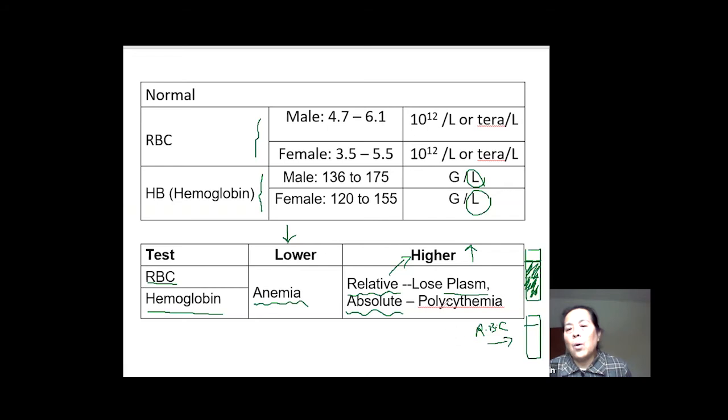Mostly more immature red blood cells are released into the blood circulation, so if we calculate, it's increased. So that's two situations: one situation, red blood cell number decreased; one situation, red blood cell number increased.